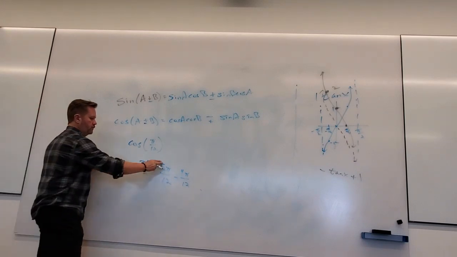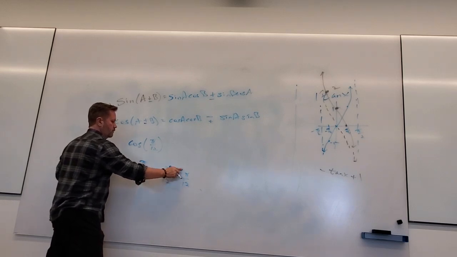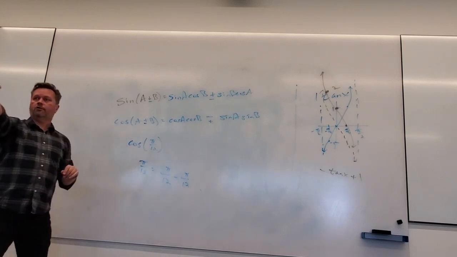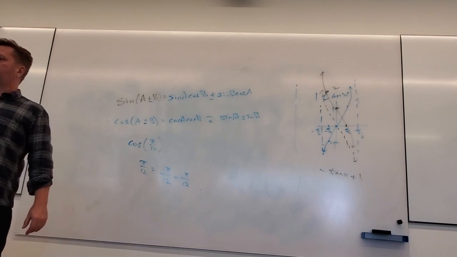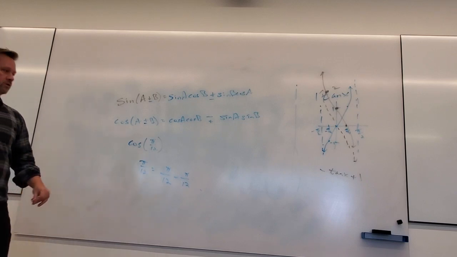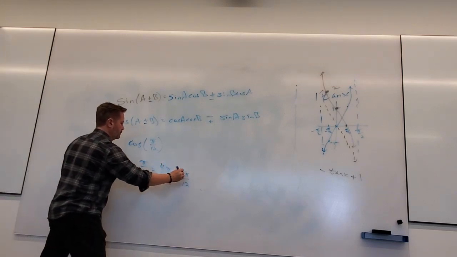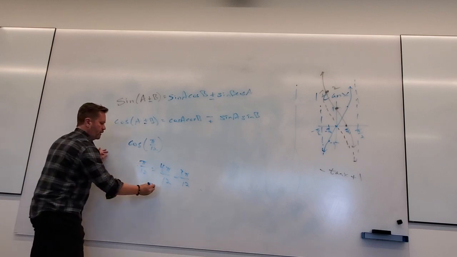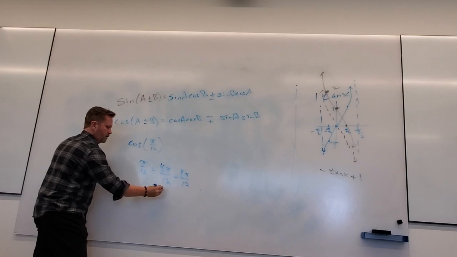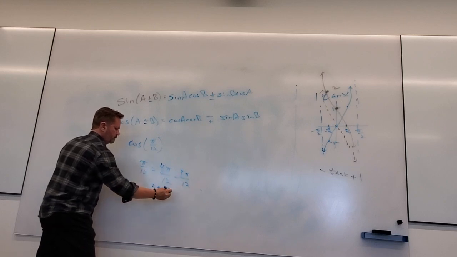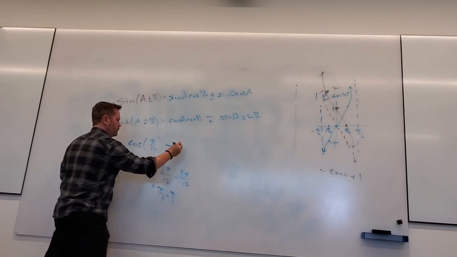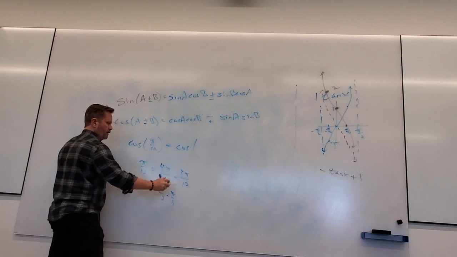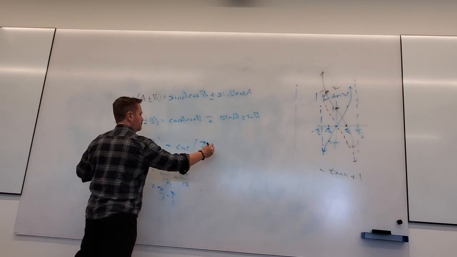Well, this is really close. 4 over 12 goes down to 3. 3 over 12 reduces down to 4. So what if I did 4 pi over 12 minus 3 pi over 12? That's a true statement, correct? And 4 pi over 12 is pi over 3, and 3 pi over 12 is pi over 4. So this equals cosine of pi over 3 minus pi over 4.